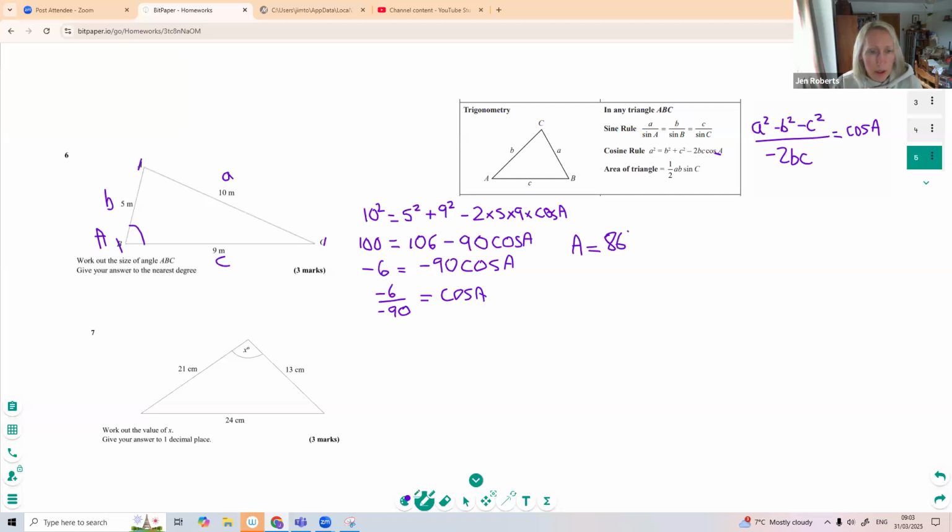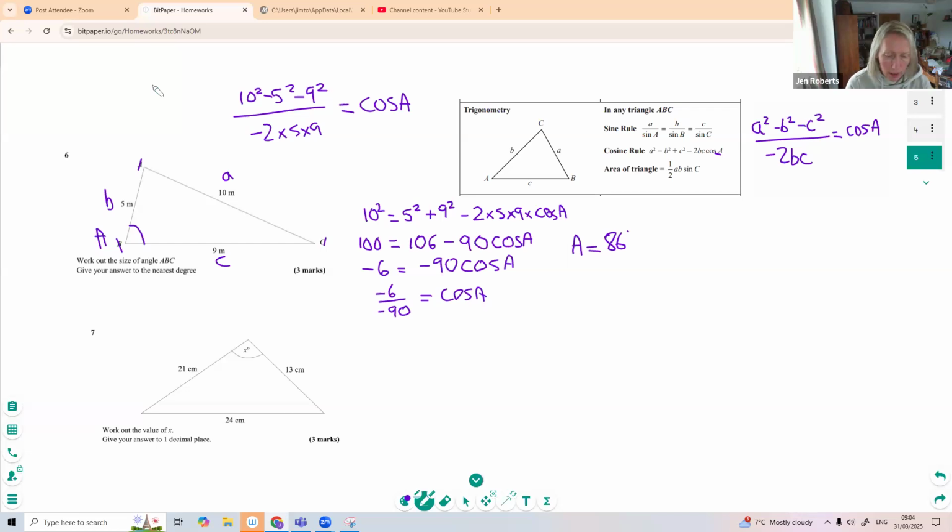If you did use this method too, I'll put the working out over here. 10 squared minus 5 squared minus 9 squared over minus 2 times 5 times 9 is cos A. When you are doing this, I work out 10 squared minus 5 squared minus 9 squared equals, then divide by bracket minus 2 times 5 times 9.